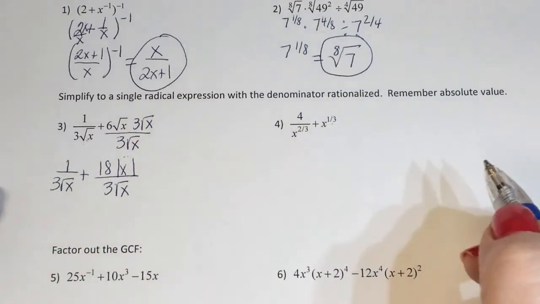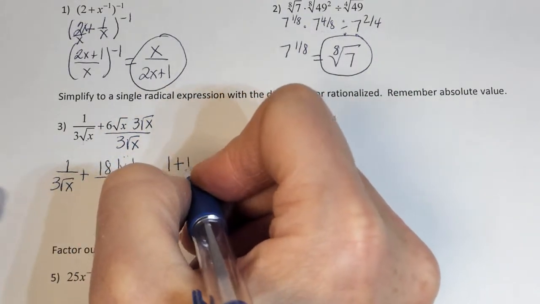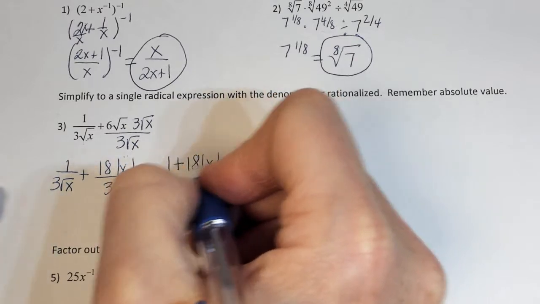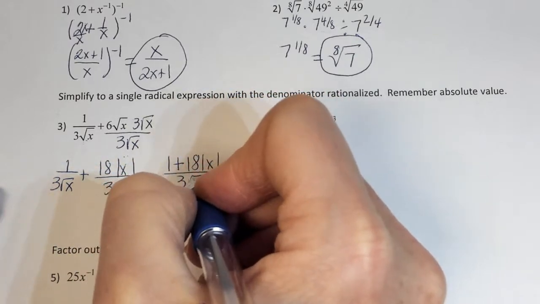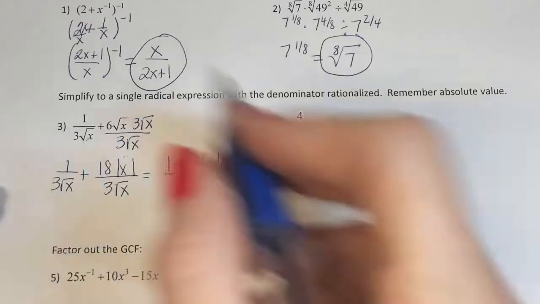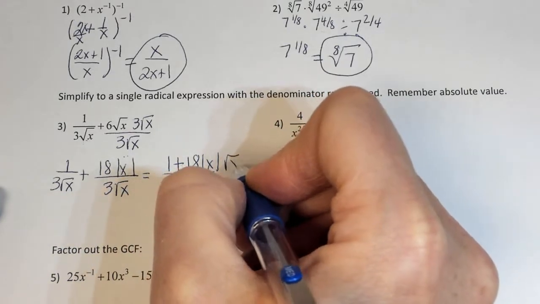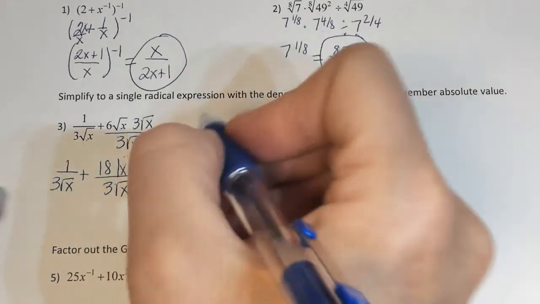So now we have a common denominator, so I can add the 2. 1 plus 18 absolute value of x all over 3 radical x. But it says the denominator has to be rationalized. We can't have it irrational. So I'm going to have to multiply the denominator by radical x and the numerator by radical x.